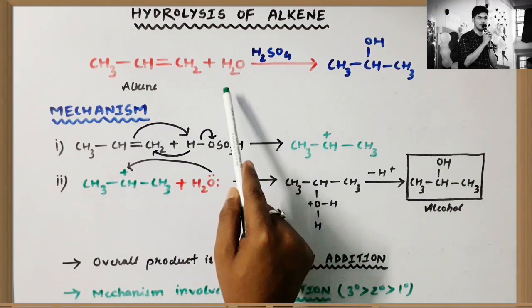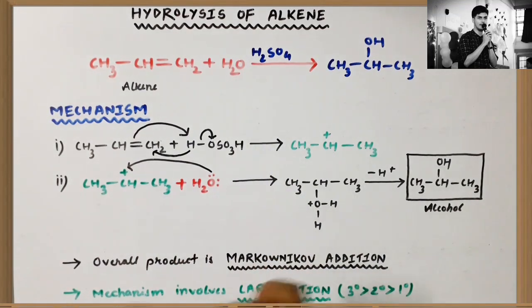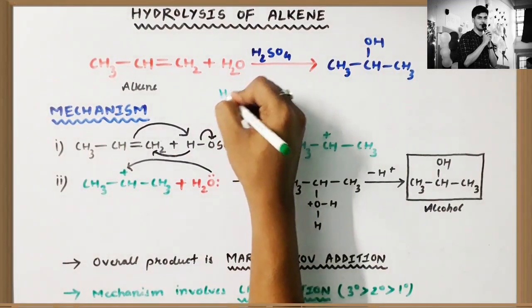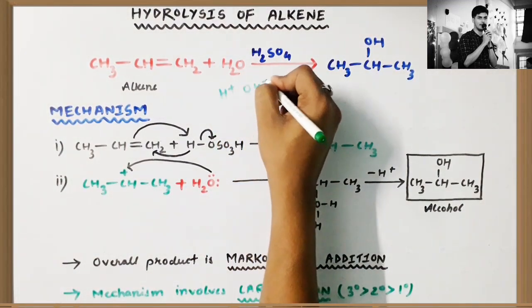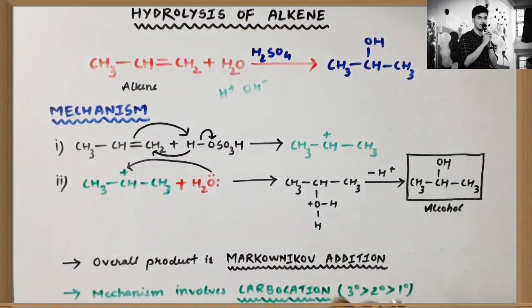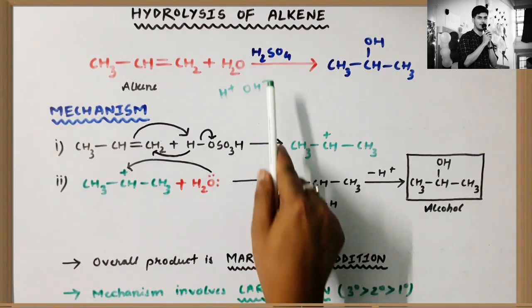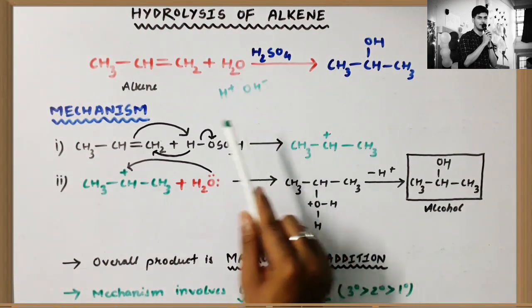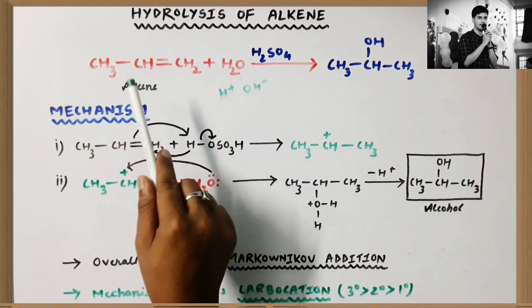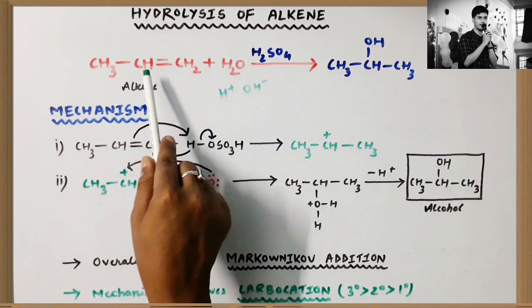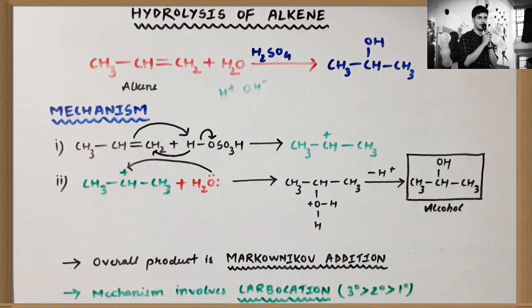If we break H2O into two parts, we'll get an H plus and OH minus. According to Markovnikov addition, the negative part will get attached to the carbon center containing the lesser number of hydrogen atoms attached to the double bond, and the positive part will get attached to the carbon center containing more hydrogen atoms.